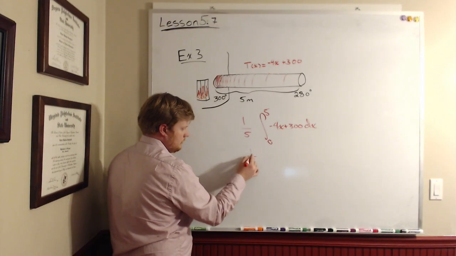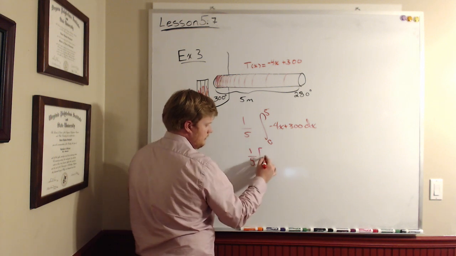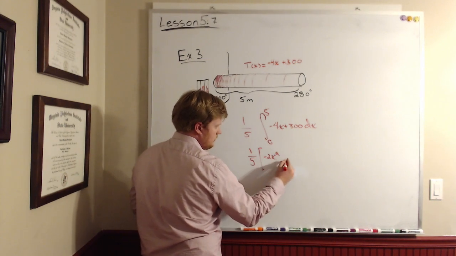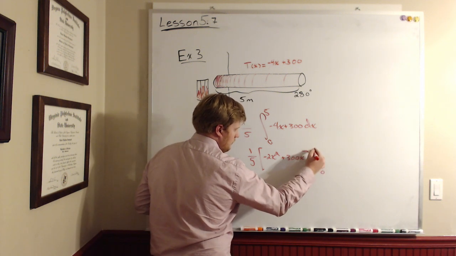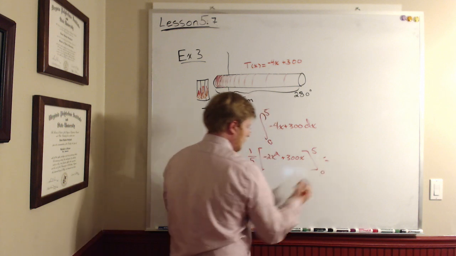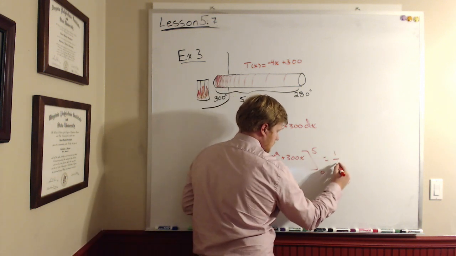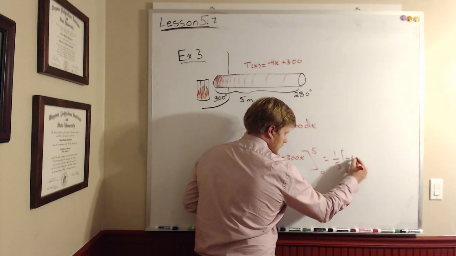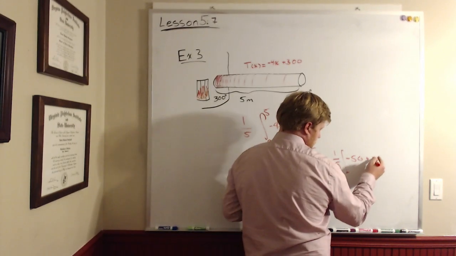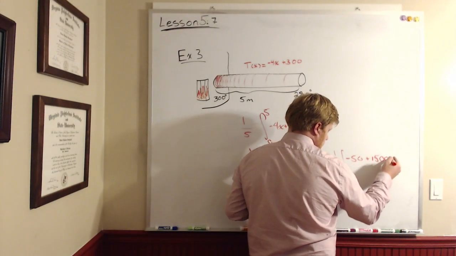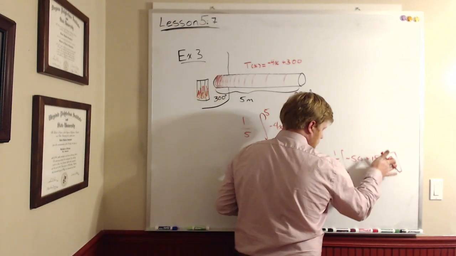So we get 1/5 times the integral, which is negative 2x squared plus 300x from 0 to 5. 5 squared is 25 times negative 2 is negative 50, plus 5 times 300 is 1,500.